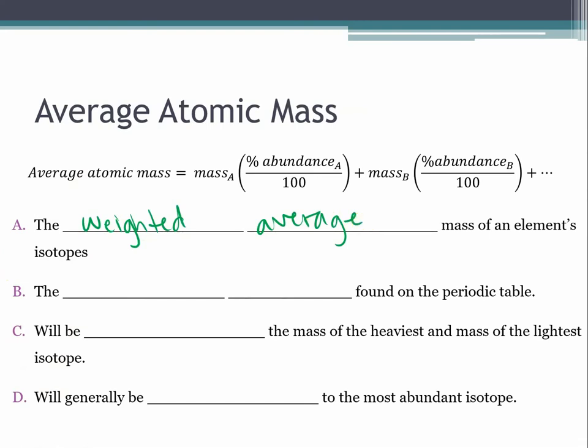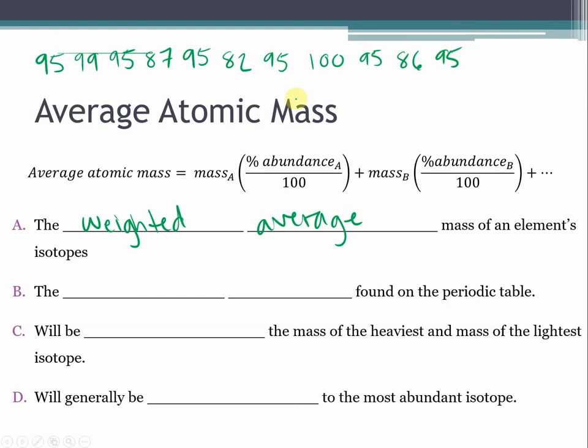So a weighted average, while you might not have heard this exact term before, is a concept you're probably familiar with. If I were to tell you that the test grades from the last test in this class were 95, 99, 95, 87, 95, I'm making these numbers up, 82, 95, 100, 95, 86, 95, that works.